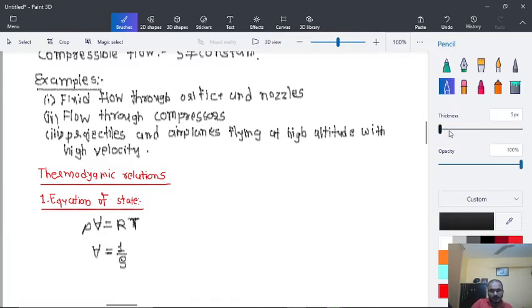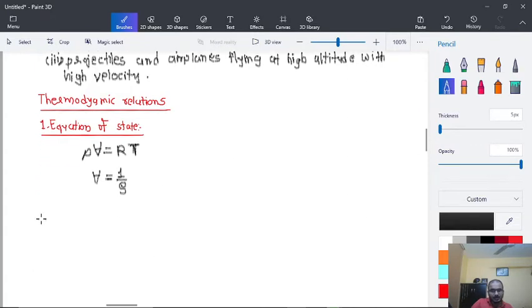We can modify our equation of state with this, that P by rho is equal to RT. So we might encounter the relation P equal to rho RT in this chapter.